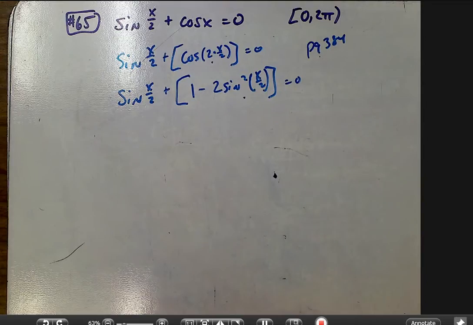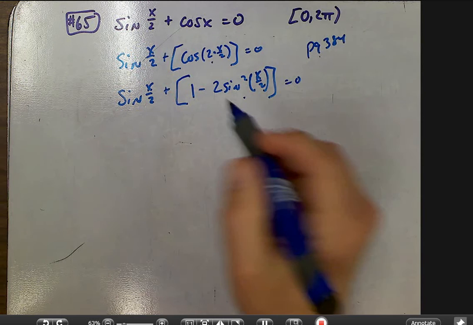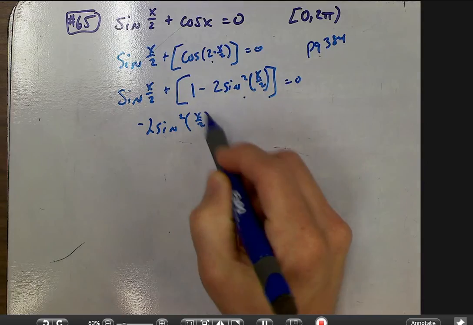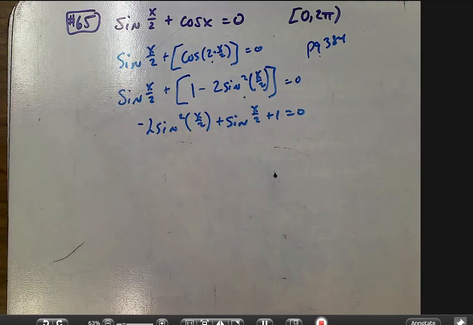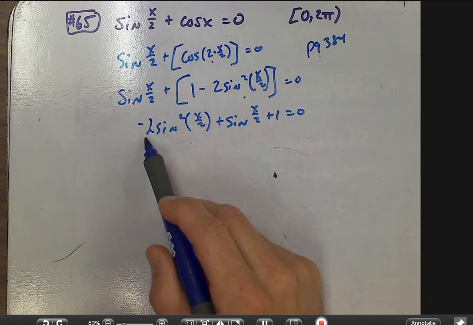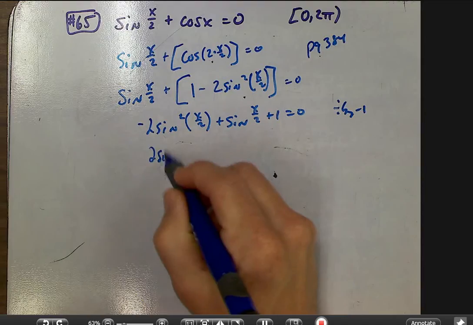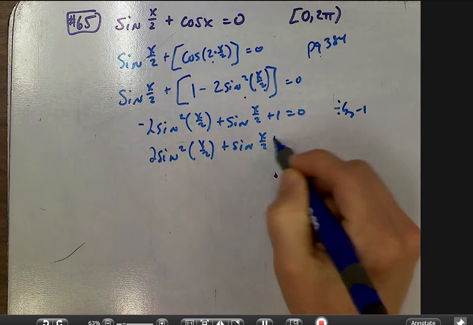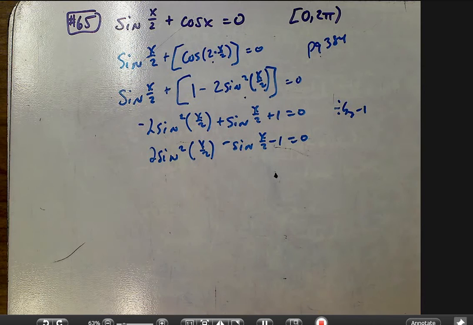Now I'm going to have to add in this, and so it's going to become negative 2 sine squared of x over 2 plus sine of x over 2 plus 1 equals 0. Since I have the squared term with a negative, I'll divide everything by negative 1 to get positive 2 sine squared of x over 2 minus sine of x over 2, because I divided by negative 1, then minus 1 equals 0.